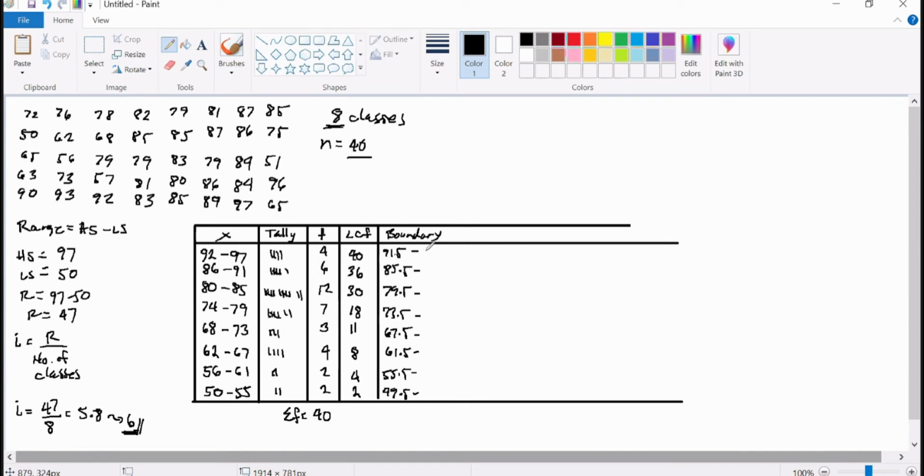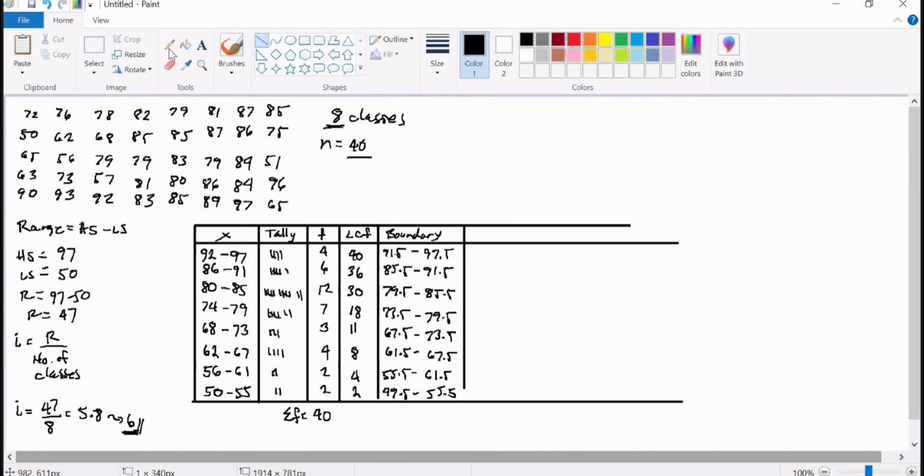So it will be 97.5, 91.5, 85.5, 79.5, 73.5, 67.5, 61.5, and the last one is 55.5. So that is now the next column.